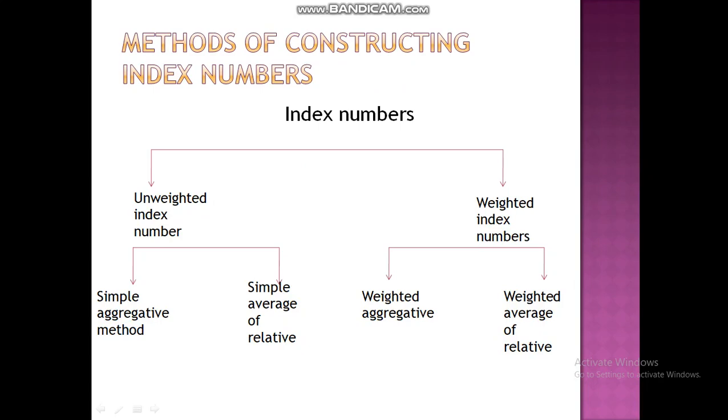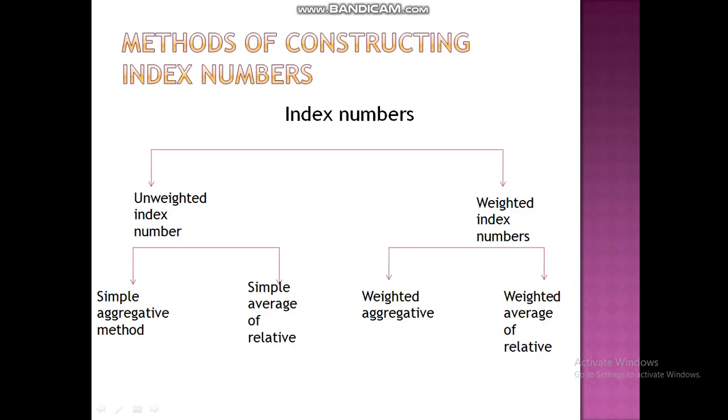Then these unweighted index numbers are further classified into simple aggregative method and simple average of relative. Then these weighted index numbers also further divide into weighted aggregative and weighted average of relative. In this class, I am restricting my explanation to simple aggregative method and simple average of relative method.